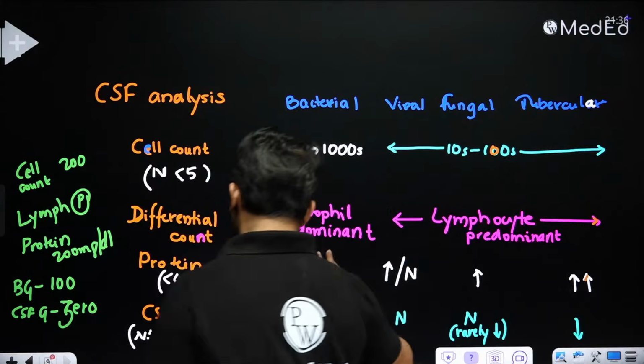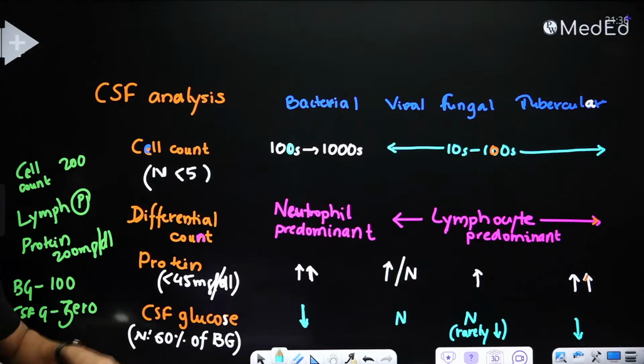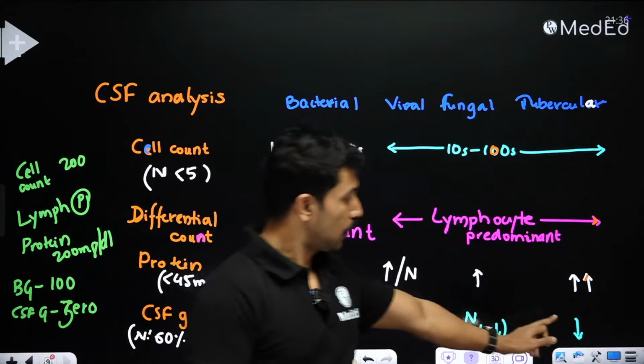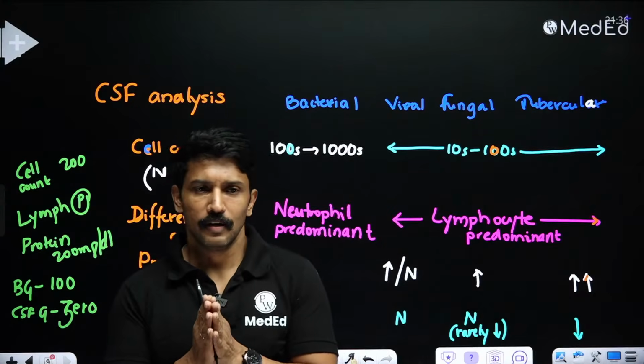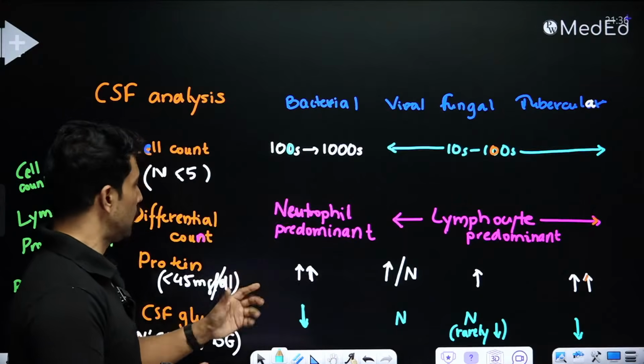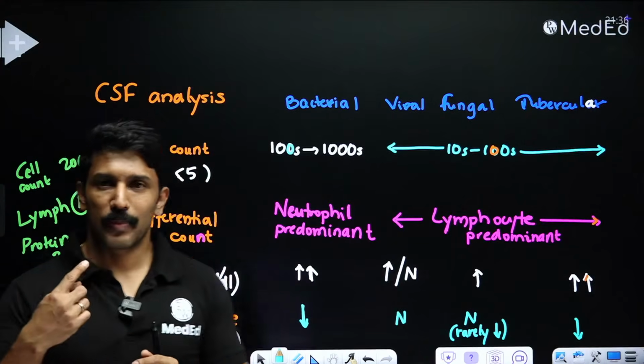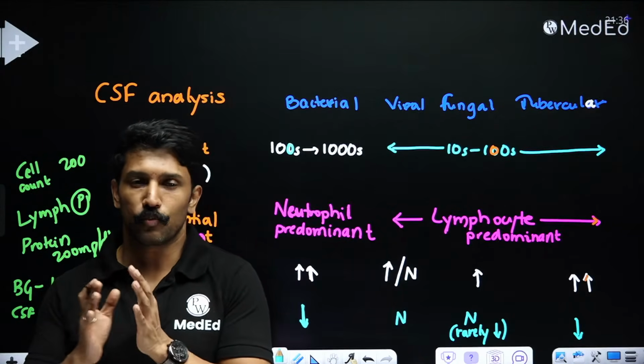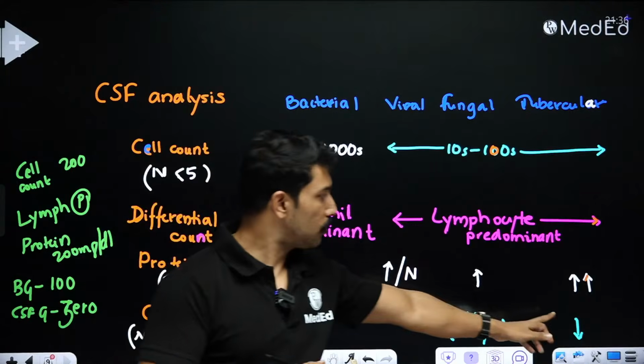So now tell me two subtypes of meningitis where we have profound decrease in the CSF glucose: bacterial and tubercular. Why in bacterial? Because the bacteria are rapidly replicating and the glucose gets utilized for their replicative process. Why low in tubercular?